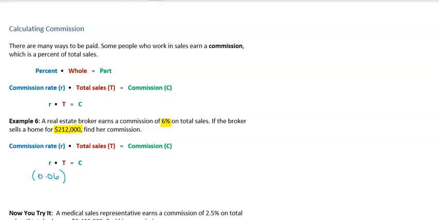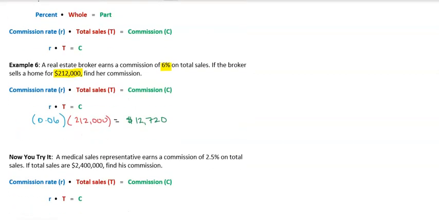The total sales is $212,000. And we want to know what the commission is. So you're just going to multiply those two together, and you're going to get $12,720. And that's all they're asking for, is their commission. So the commission on that sale is $12,720.